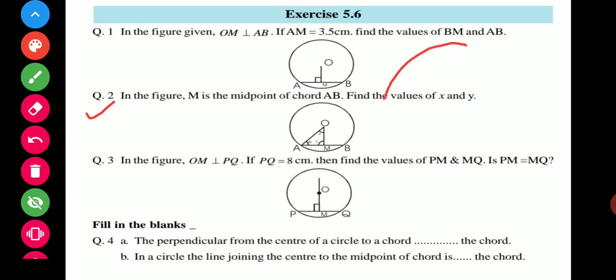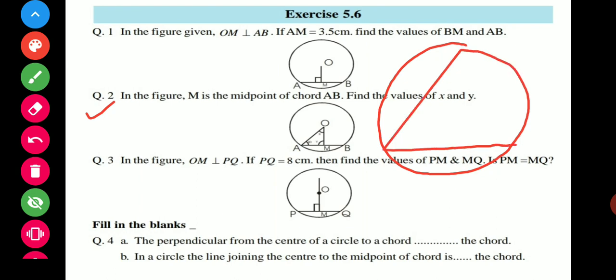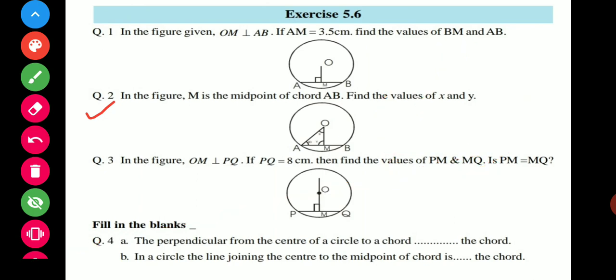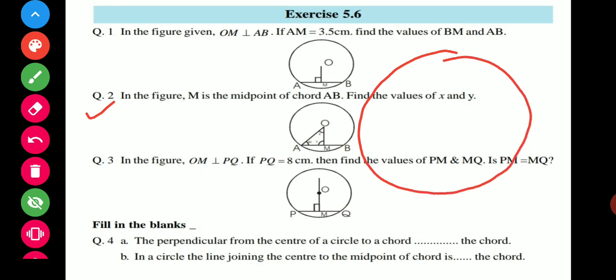In this figure, you can see here this type. It is AB, and O is the center, and draw to this type.